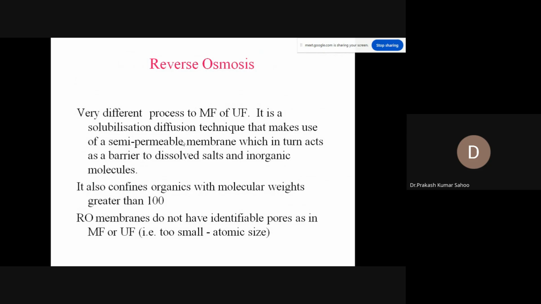Osmosis is the movement of solvent particles from a low concentration solution to a high concentration solution through a semi-permeable membrane. So what is a semi-permeable membrane? A semi-permeable membrane only allows the solvent particles to pass through it.